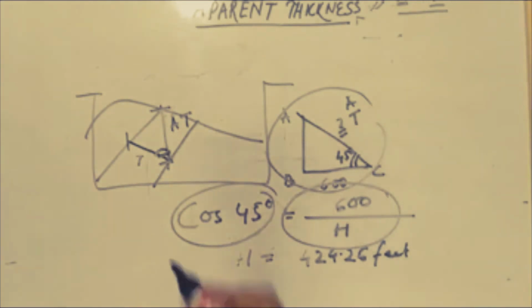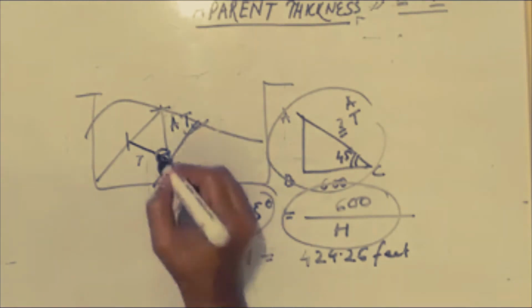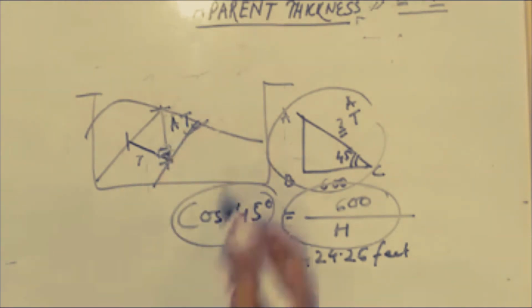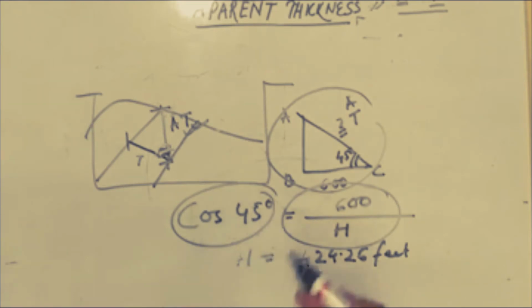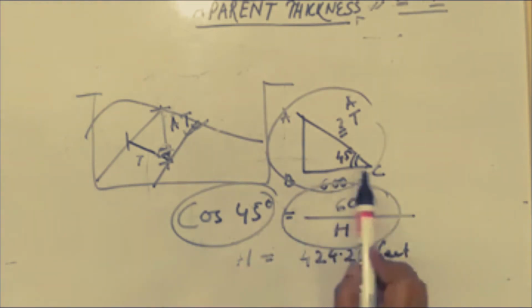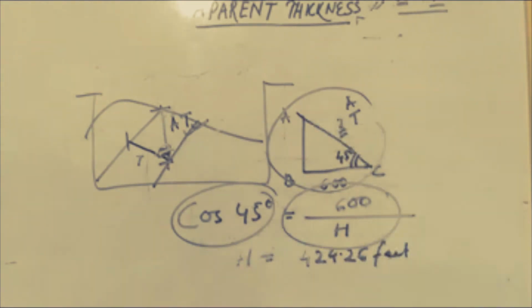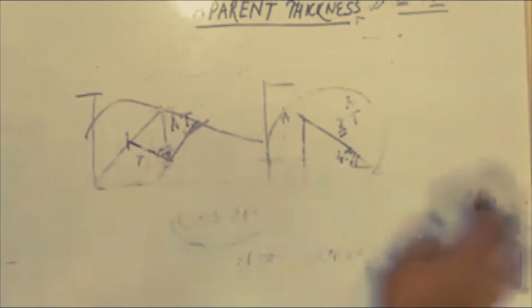With the help of this formula, cos 45 degree, you can identify the true thickness and also the apparent thickness. Suppose the value of apparent thickness is given to you, and the theta angle is given to you. With the help of cos theta, that is the base divided by hypotenuse, you can calculate the value. With a few small sums, we can calculate the true thickness and apparent thickness.